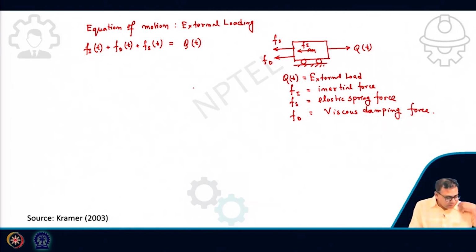From Newton's second law, which states that the inertial force acting on a mass is equal to the rate of change of momentum. So in that sense, I can write that Fi(t) is equal to the rate of change of momentum.